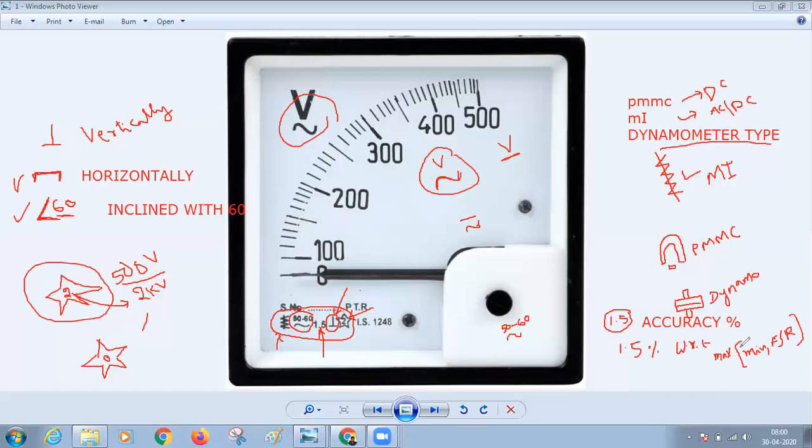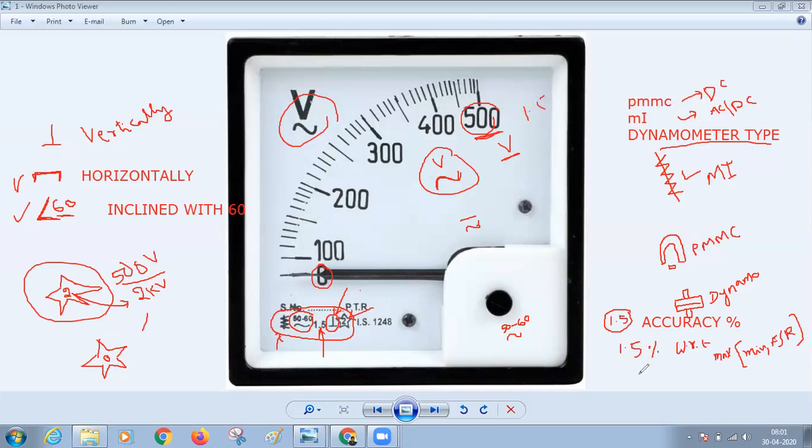Suppose you observe this voltmeter, the minimum voltage is 0 and the maximum is 500, right? In such a case, the maximum of these two is 500. So 1.5% of 500 is the error for this meter.